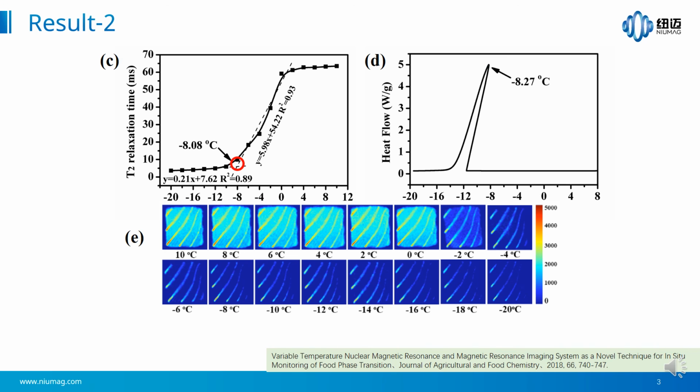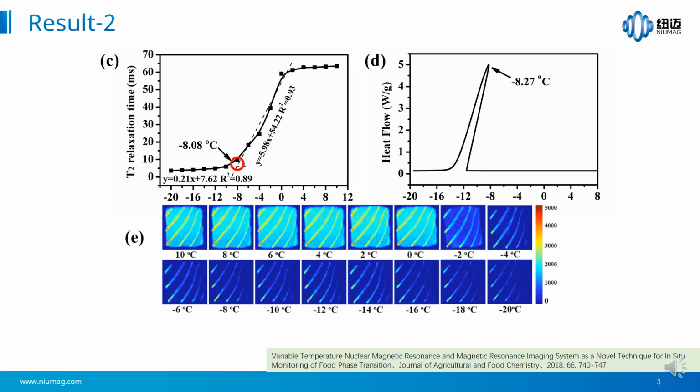Let's look at the result from the image level. We got a similar freezing temperature by 2 different technologies. Graph C is the result of NMR, and graph D is the result of DSC. DSC is the differential scanning calorimeter. Graph C is the relationship between relaxation time and temperature.